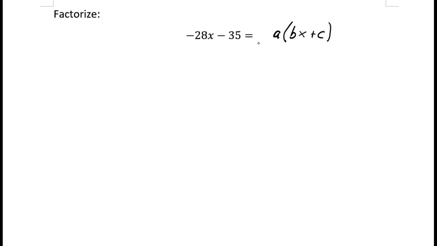In order to factorize, the easiest way of doing so is just simply break down the different factors into its prime numbers.